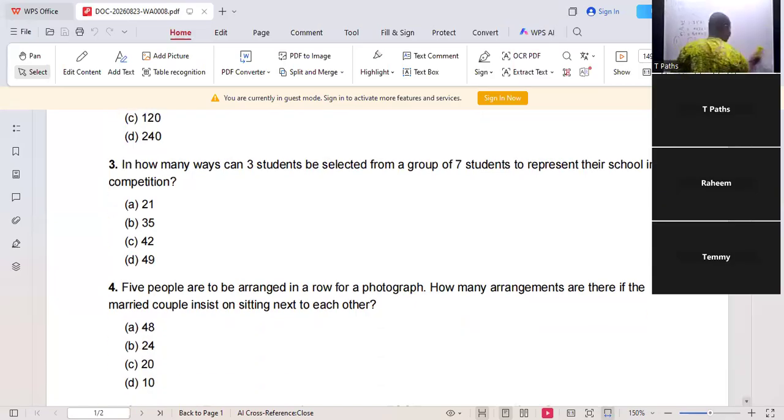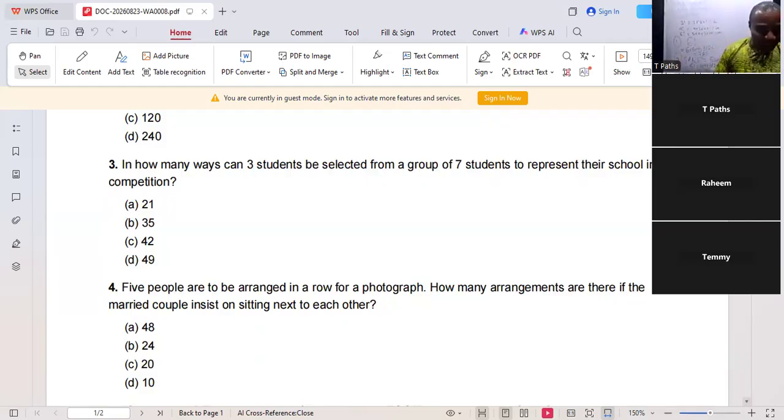Question 3 says, in how many ways can 3 students be selected from a group of 7 students to represent their school in a competition? Remember, this is about selection, and I told you that talks about combination.